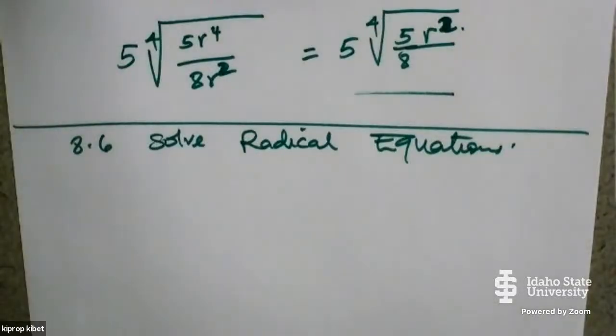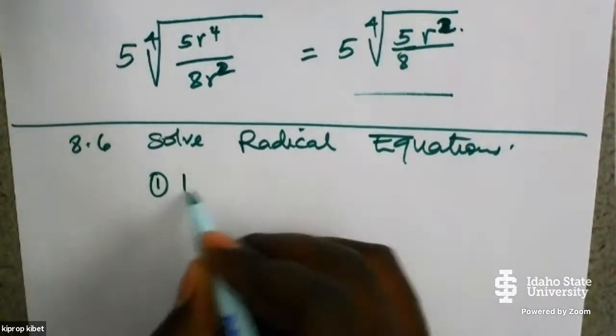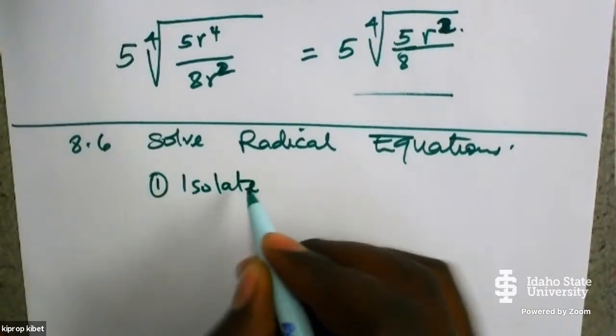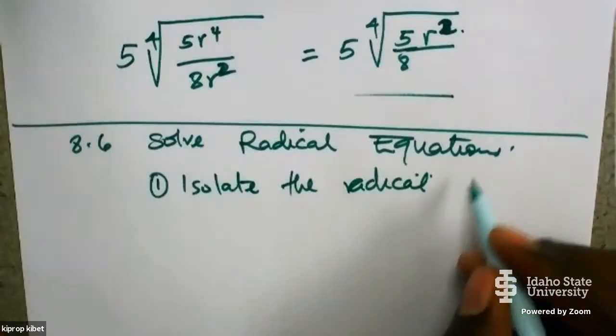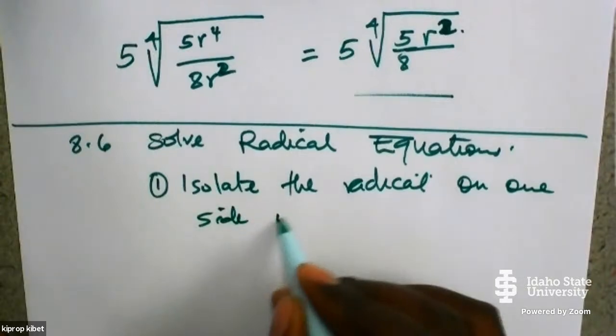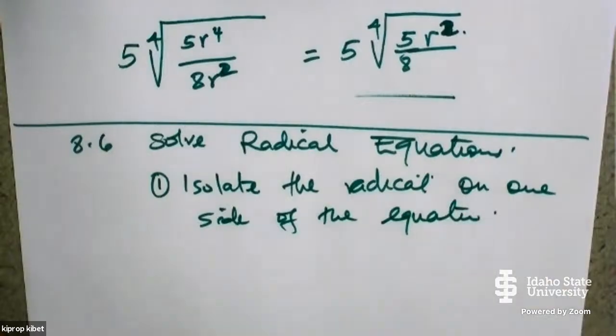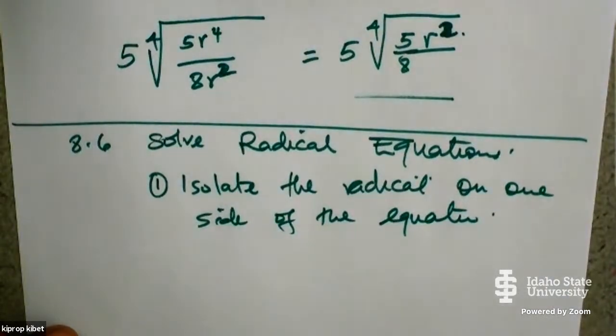So there are some steps which you need to do when you're solving this. One of them is you isolate the radical on one side of the equation.